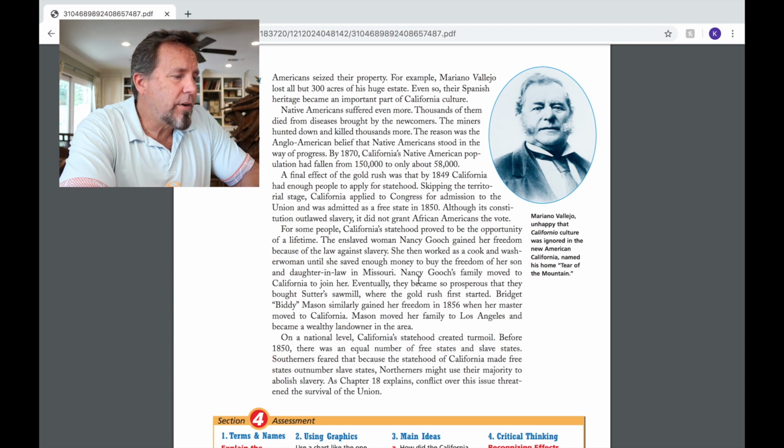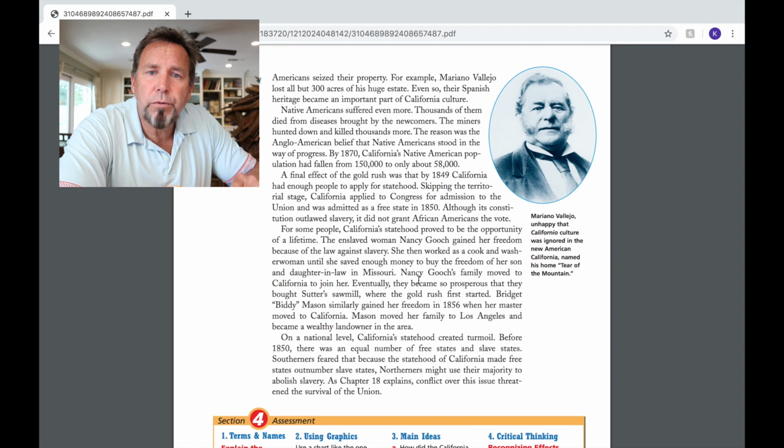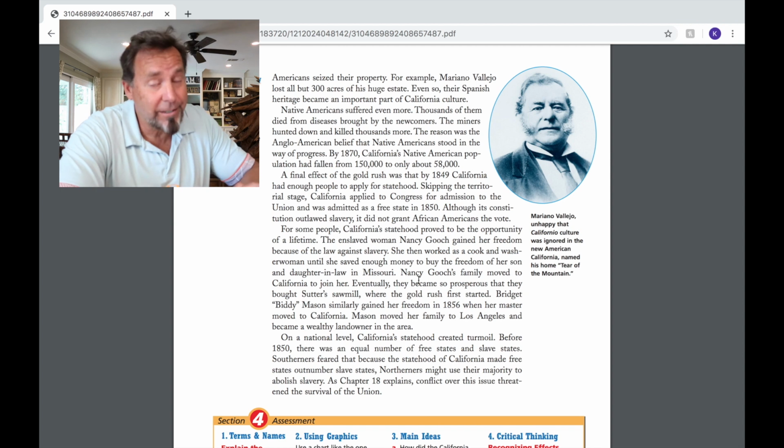And then finally, at the very end, it brings back the same guy that it talked about at the beginning of the reading, Mariano Vallejo. Unfortunately, because of unfair land claims made by the people moving west, his land shrunk from about 250,000 acres to about 300 acres.